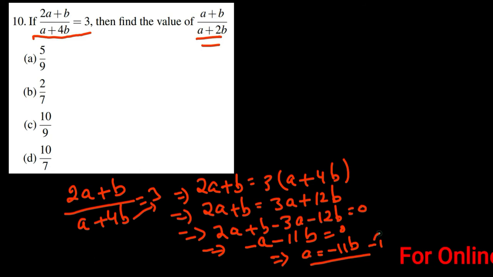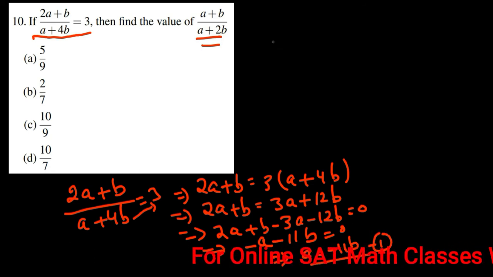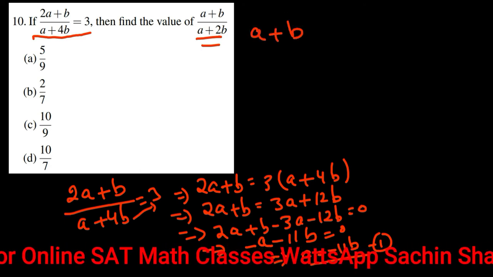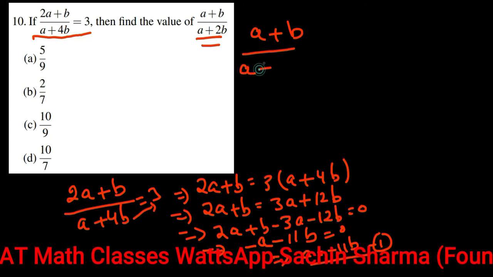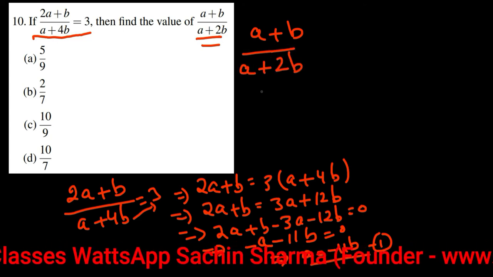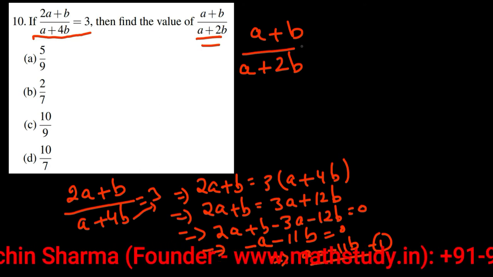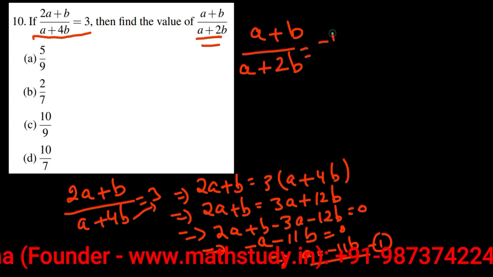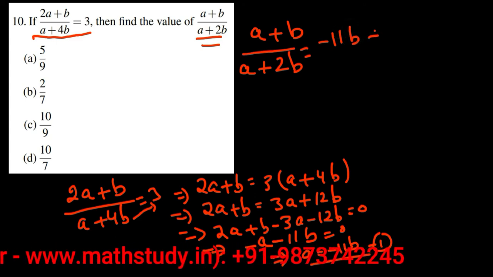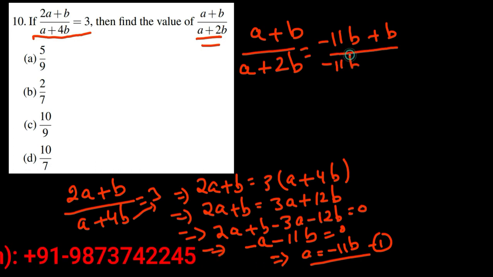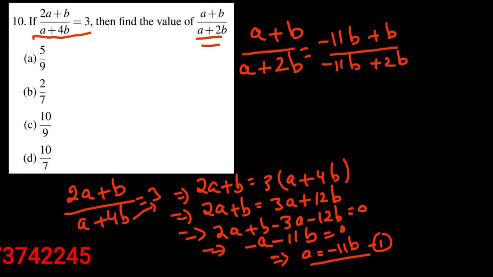So putting this value in the given problem, we have to find the value of (a + b) upon (a + 2b). So we have to simply put the value of a equal to minus 11b here. What will we get? (-11b + b) upon (-11b + 2b).